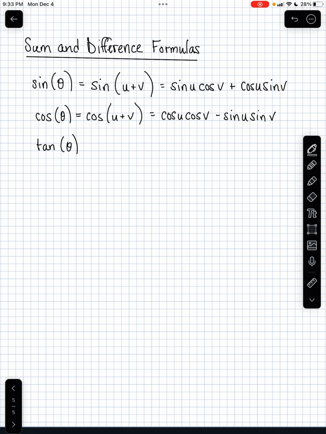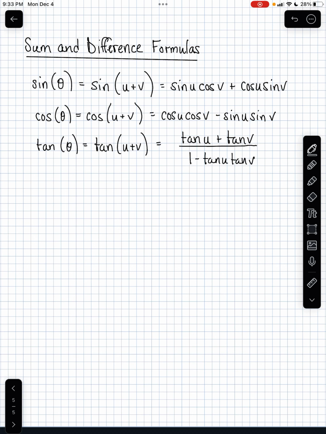We also have a sum and difference formula, or a sum formula rather, for tangent. So again, if we have an angle that can be written as a sum of two common angles, then what we can do is take the tangent of the first plus the tangent of the second over 1 minus the tangent of the first times the tangent of the second.